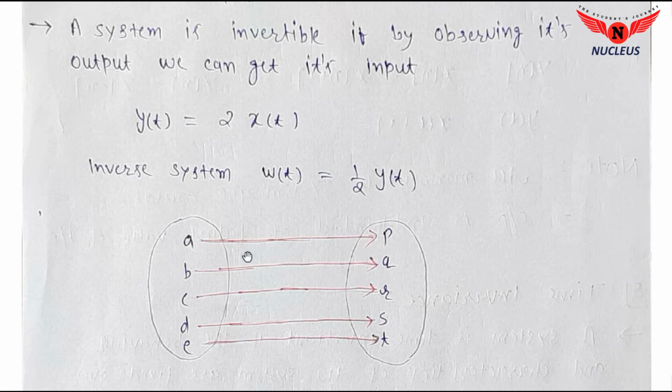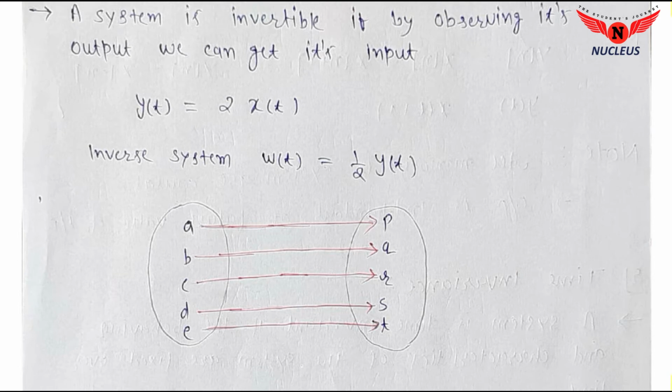A connected to P, B connected to Q and C connected to R is an example of a one to one relation. So whenever a one to one relation is given, the system will be invertible. Please remember this.